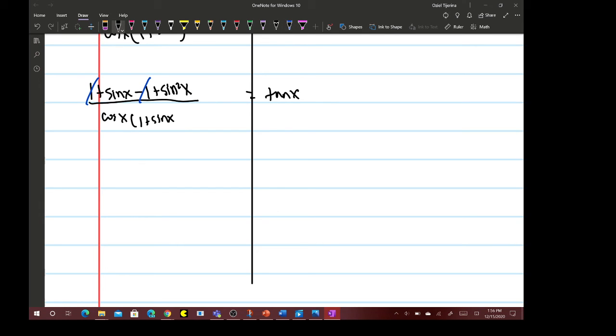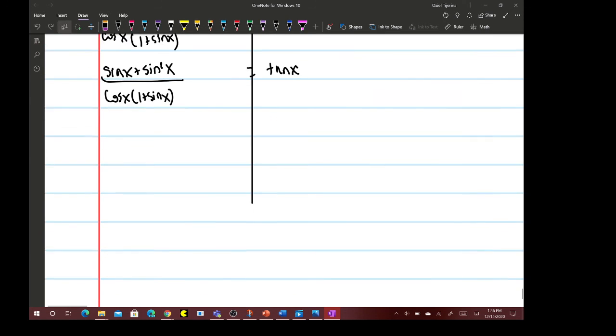We have a sine x plus sine squared x, and it would be over cosine x times 1 plus sine x. This would be tan x.